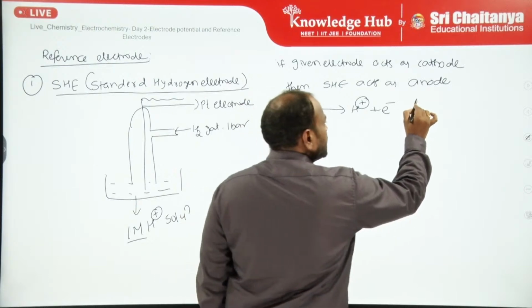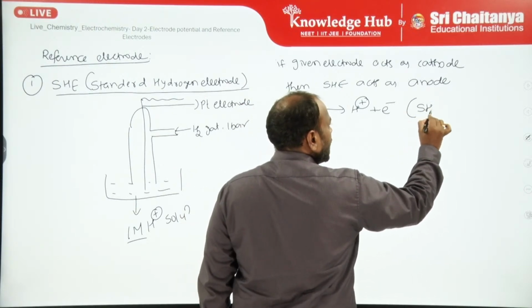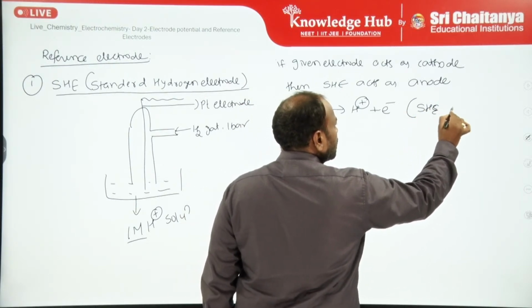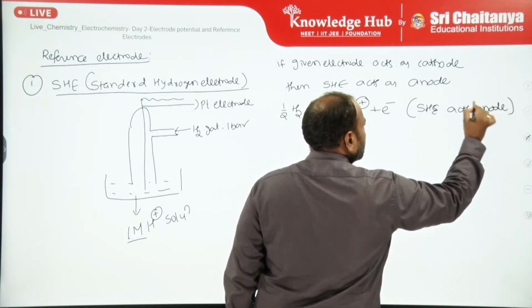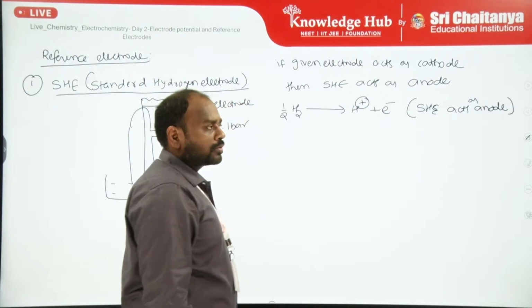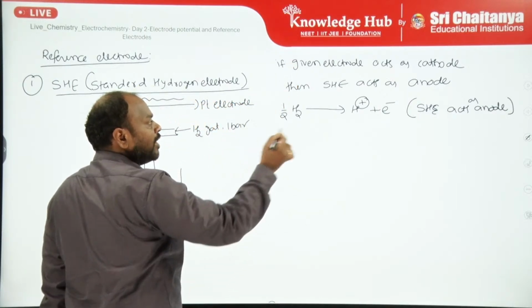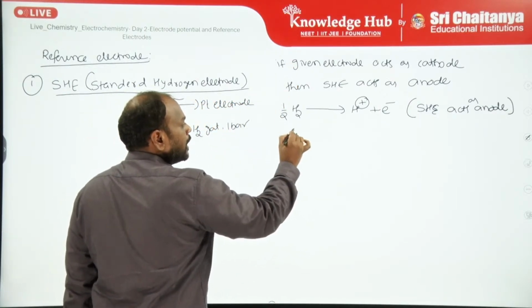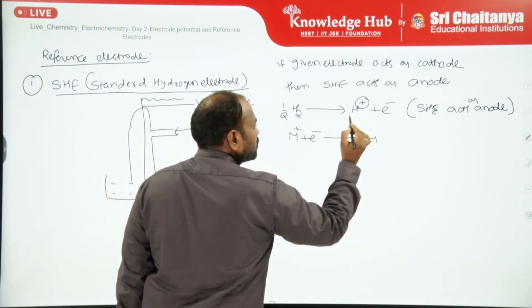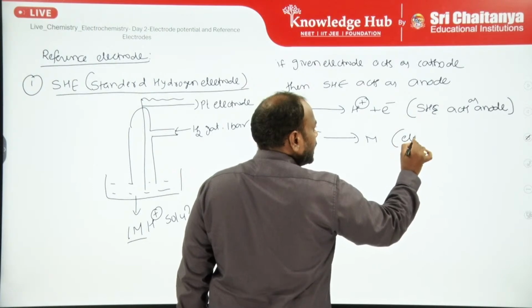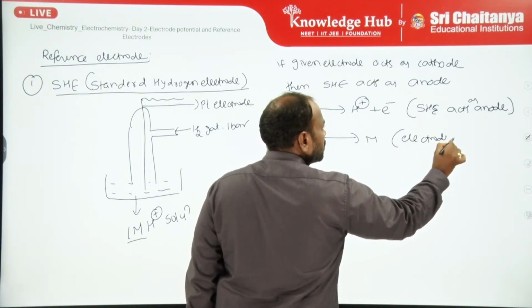Here in this one, SHE is acting as anode. Now take the given electrode. Suppose it is M. Here what happened? It gains the electron, then is converted to M. So here the electrode is acting as cathode.